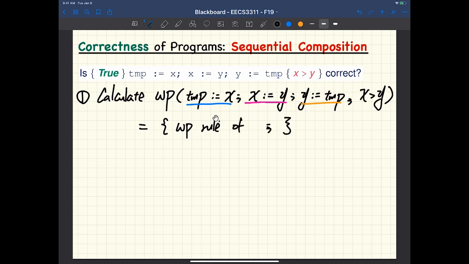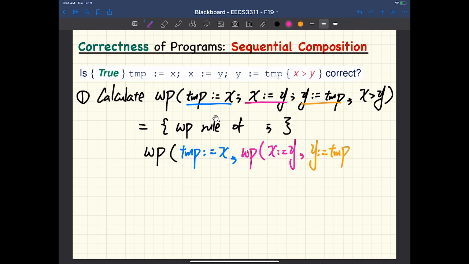So now it's going to be the WP for temp is assigned to X, to establish the WP for X is assigned to Y, followed by Y is assigned to temp.